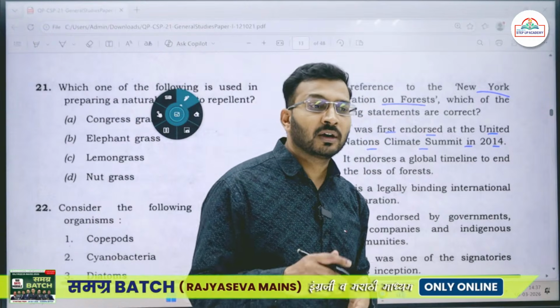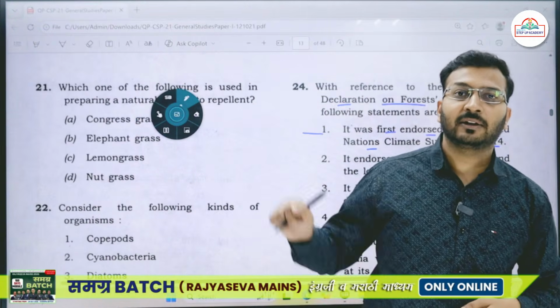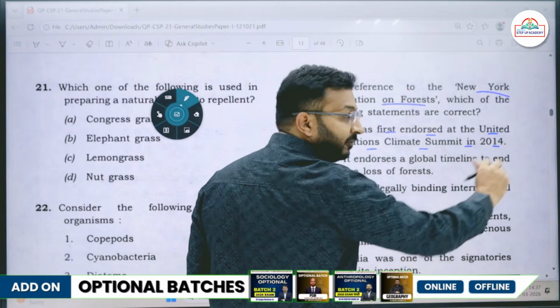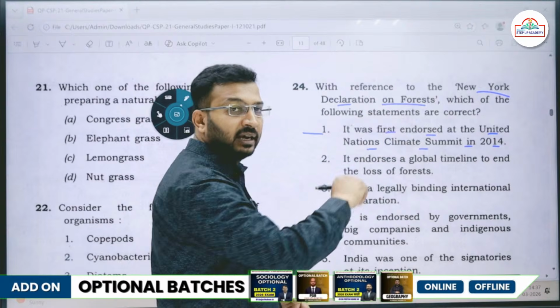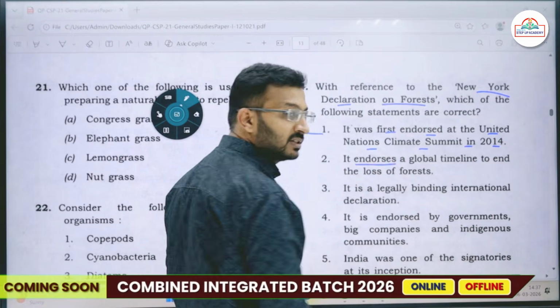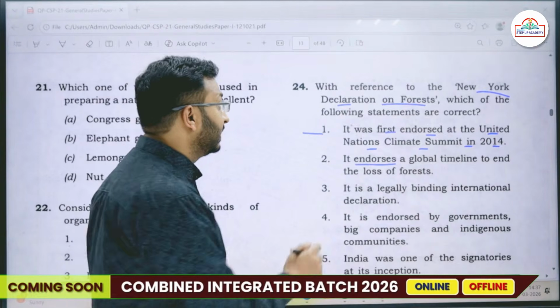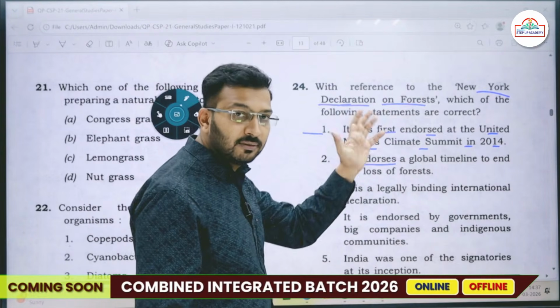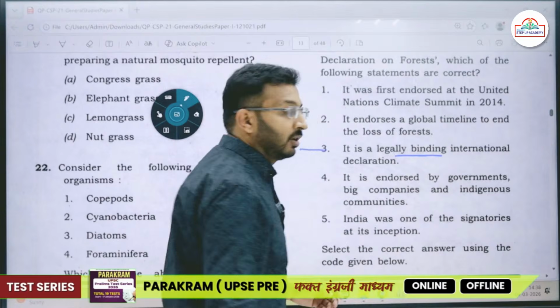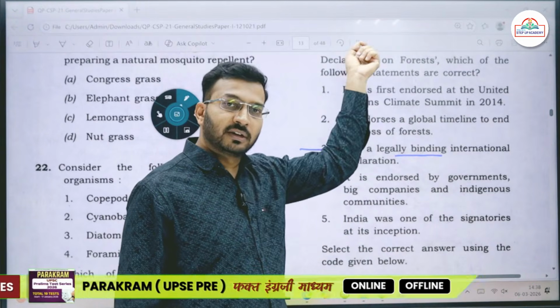Okay? You are not signing it, you are not ratifying it. So there is no global ratification, there is no global signing done by all the nations. It simply said it endorses. Read the question very carefully. It is a declaration, it is not a convention, it is not legally binding. Now, first of all, you are saying it is a declaration.